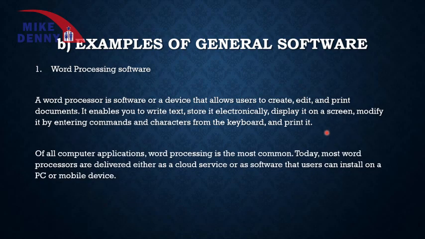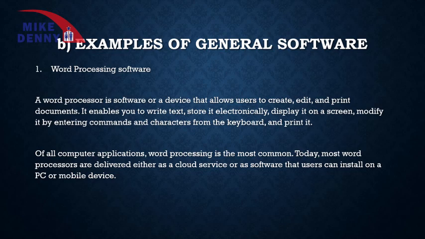Of all computer applications, word processing is the most common today. Most word processors are delivered either as a cloud service or as a software that users can install on a PC or a mobile device. Today, when you buy a new computer, you ask somebody to come and install some applications for you.